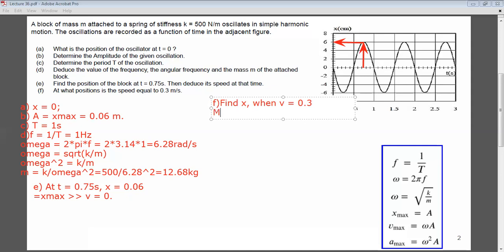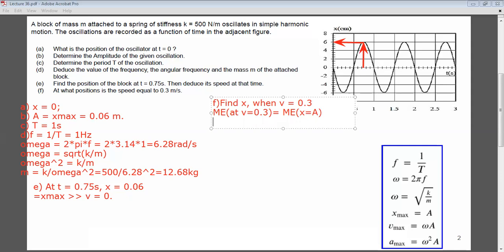So here I have to use mechanical energy at v equal 0.3 is equal to mechanical energy at x equal A. Okay, always use on the other side mechanical energy at x equal A. So what is mechanical energy at v equals 0.3?